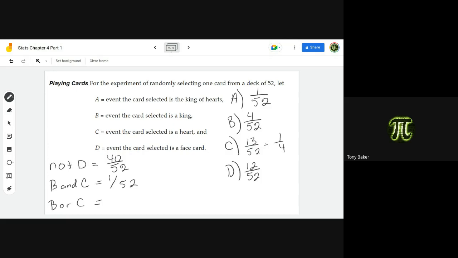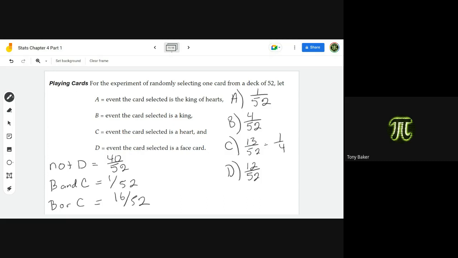I have to remove the extra count, because that king and heart is counted in both. If you look at it the way you did, you have 13 hearts and then 3 other kings that were not already counted. That's where the 16 out of 52 came from. Does that help understand mutually exclusive a little better? That's really the key piece in there.